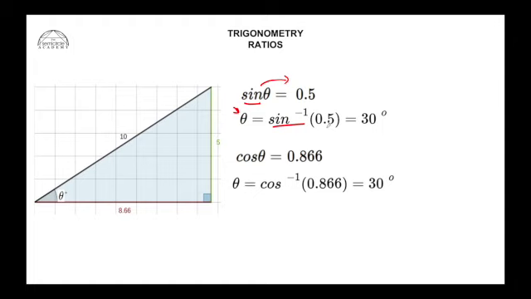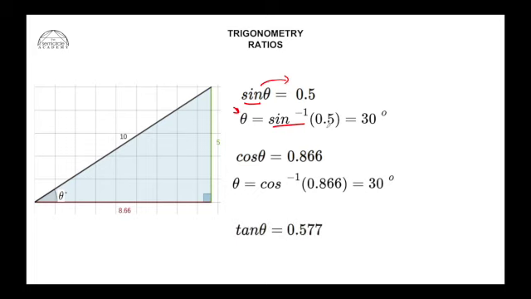So the cos inverse of that: remember how we got the cos, we took the adjacent and divided by the hypotenuse, and that gave us 0.866. And now we could find the angle by going to our calculators and using cos inverse. Ariel, you okay with this process? Yes, sir. And same thing with the tan.